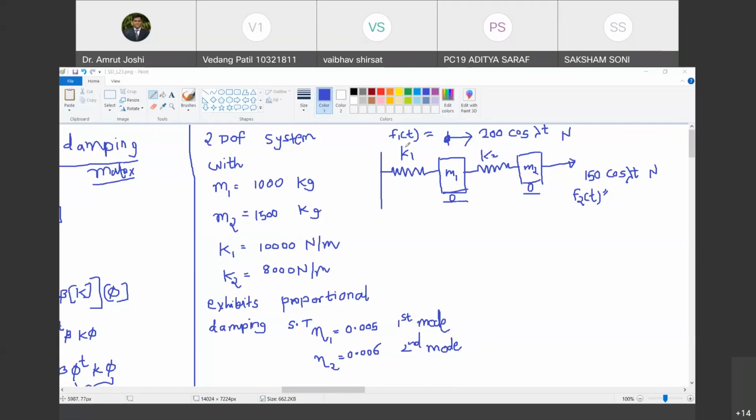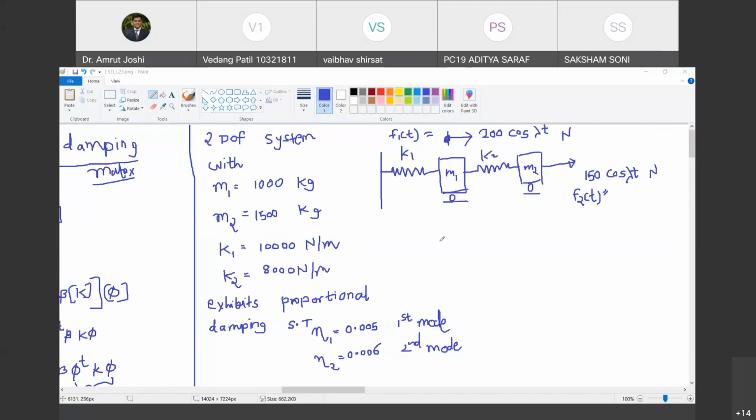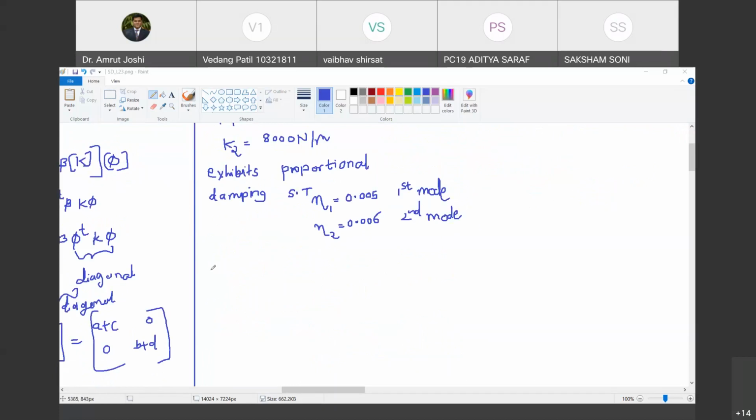Okay. So this is F1 of t, this is F2 of t. And what you need to do is compute maximum U1 of t and maximum U2 of t if lambda is equal to omega 1.